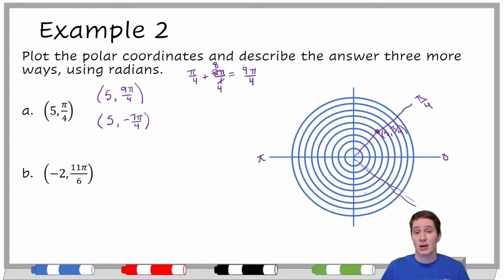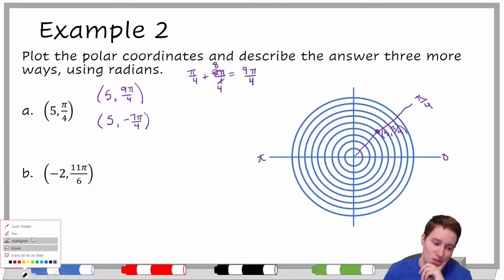Because that's, like I said, the positive angle, 7 pi over 4, is down in the 4th quadrant. But if you're trying to think of the negative direction, pi over 4 plus 7 pi over 4 is 2 pi. So together, that positive and negative angle make a whole circle. I don't know if I'm doing a good job of explaining this. I'm so sorry. We need one more way.